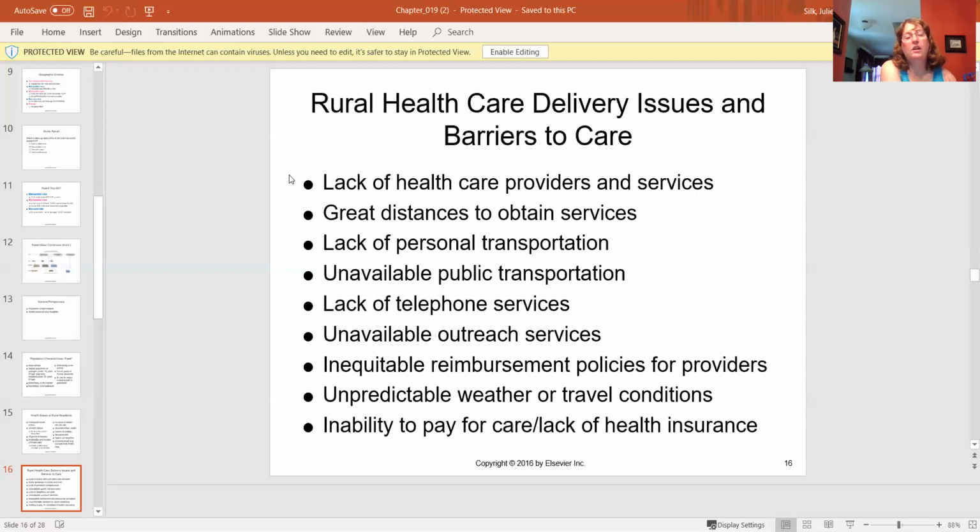Maybe public transportation is just unavailable where they are. There's no established busing or train station anywhere close by. A lot of people have a lack of telephone services, especially if they live really far out. There are also unavailable outreach services, inequitable reimbursement policies for providers, and unpredictable weather and travel conditions, which is sometimes an issue. And then there's inability to pay for care or lack of health insurance. That's probably a really big issue for a lot of them.